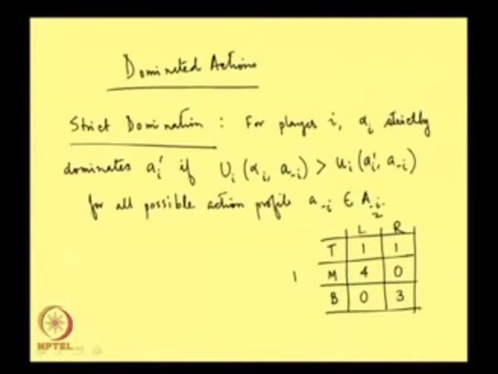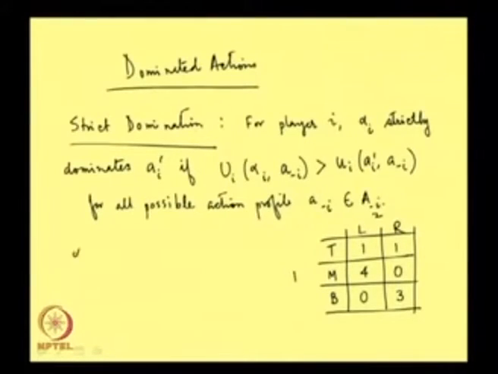So, neither T is dominating M nor M is dominating T. Likewise, we can take any other pair and we can see that no action is dominating any other actions, no strict domination is there. But if we consider now mixed strategy of player 1, then we can in fact see that T can be strictly dominated.